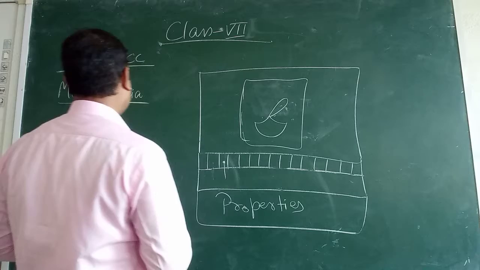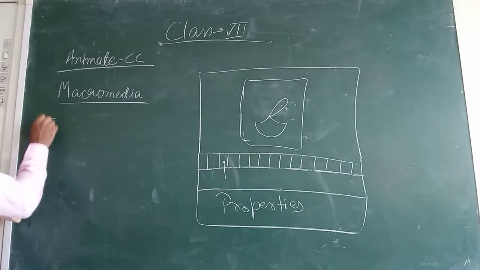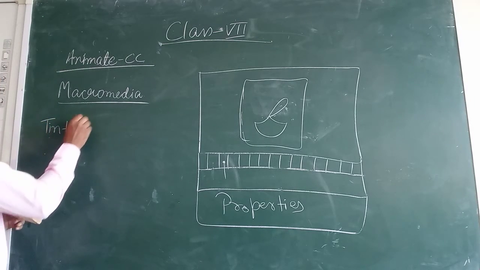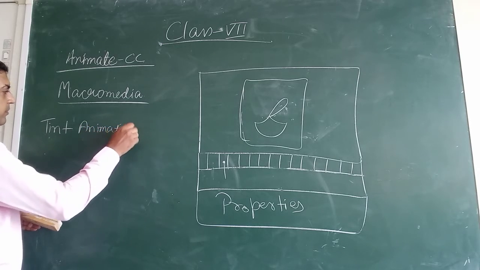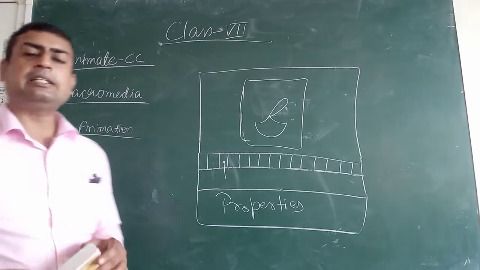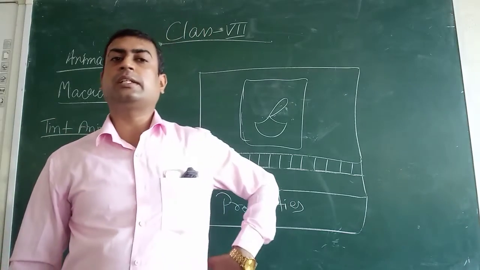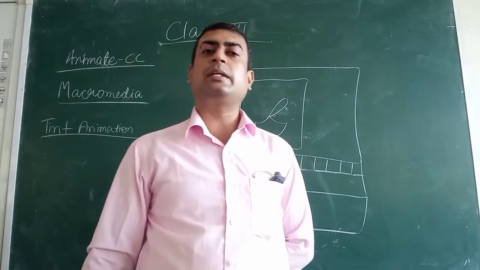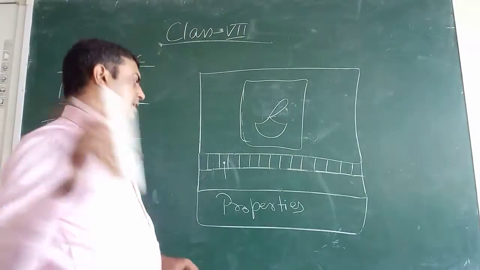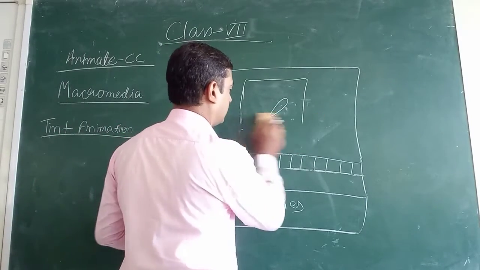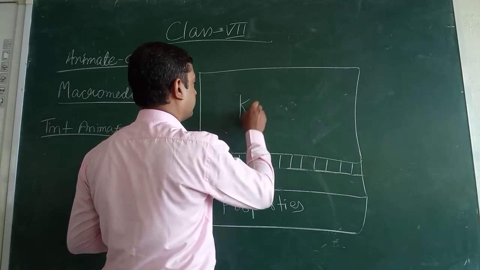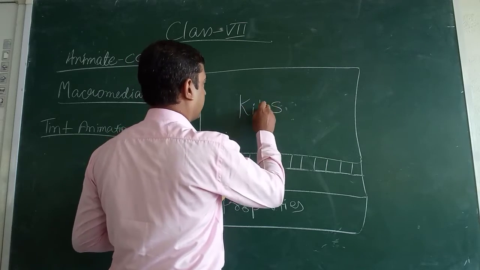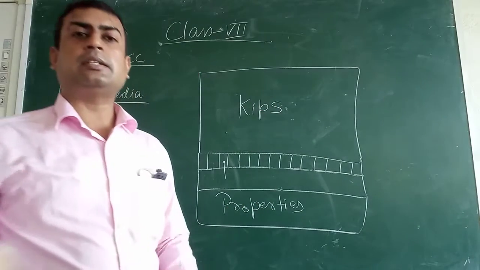The second one is tint animation. Tint animation is used to change the color only. It means that in this stage you have written the text.